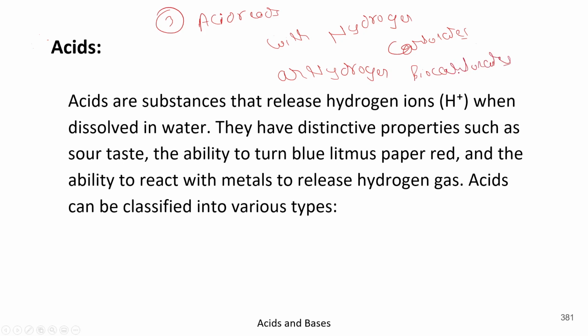It is the third condition. So remember, the same products will be received as with metal carbonate. Got it? So if in the third condition you're reacting acid with hydrogen carbonate, which is also called hydrogen bicarbonate, then you will receive the same products as with metal carbonate. Got it? Now let's move forward.